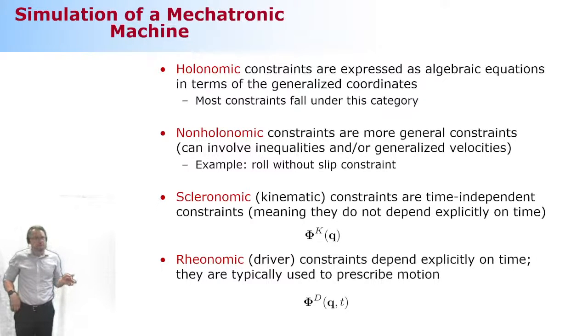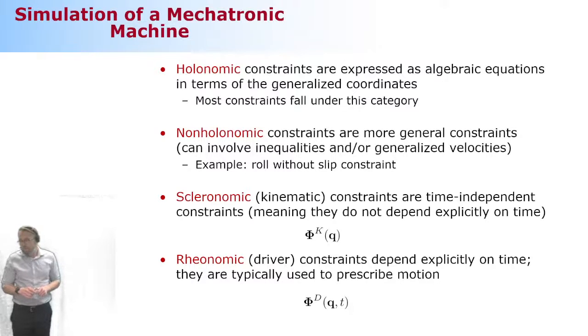Non-holonomic constraints are a little bit of a special case. We are not going to touch this type of constraint in this class. They are like a disk rolling on a plate or on a surface. If you wanted to model a bicycle, then you need this kind of non-holonomic constraint. But if not, then you don't necessarily need them.